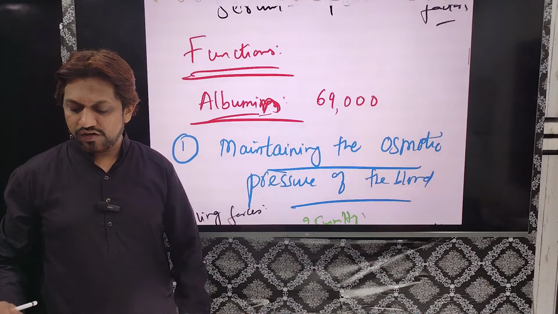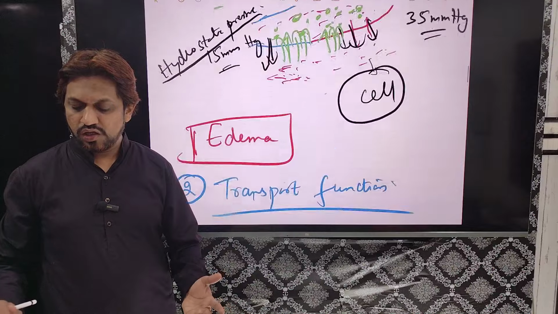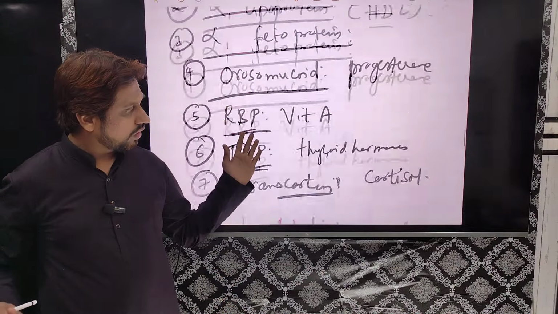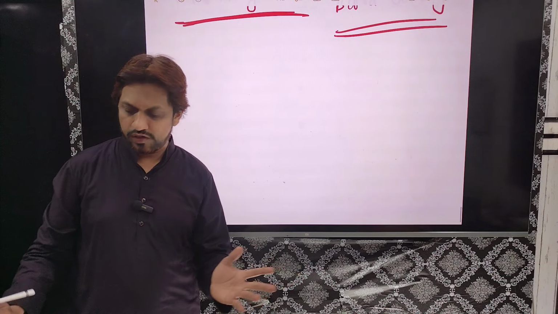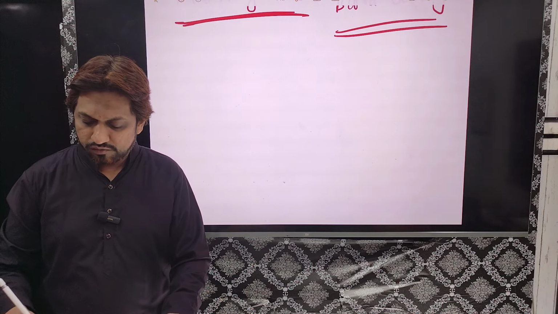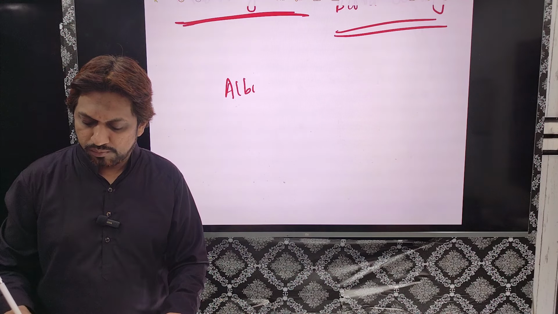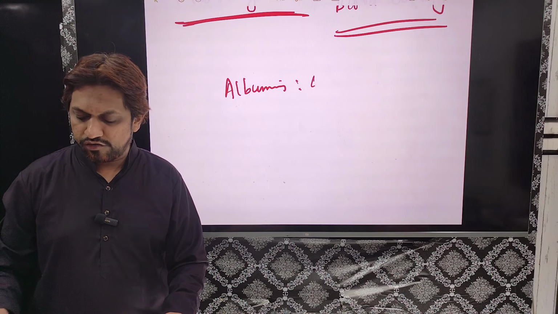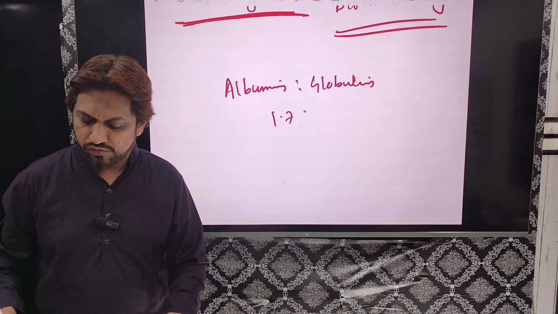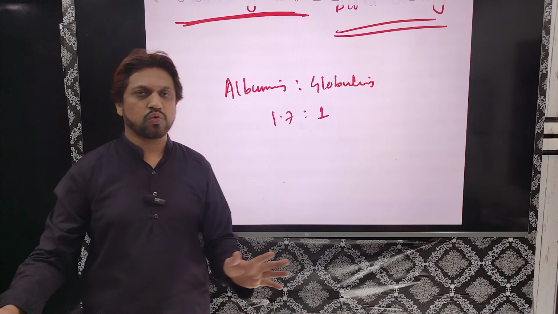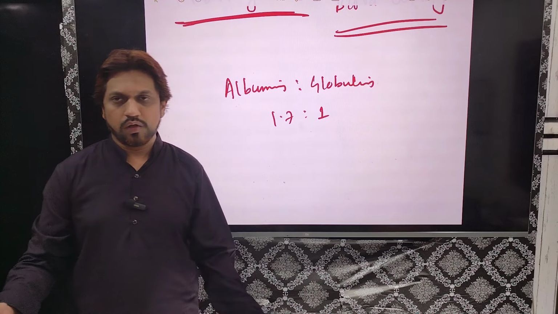Then we have discussed the functions of albumin, globulin and fibrinogen. There are many applied aspects which we'll discuss later, but one important one is the albumin globulin ratio. Normally it is around 1.7:1, or in a range of 1.2 to 1.8:1.